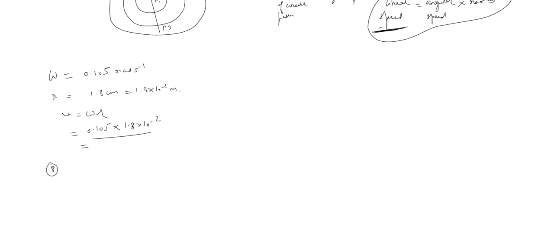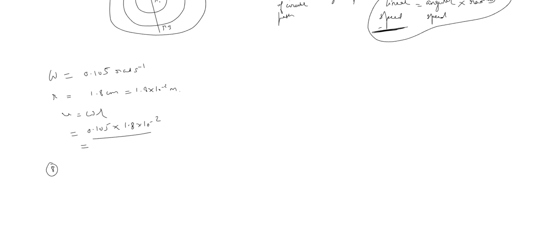Solve B problem. So B part is 5.24 meters per second. Correct. This is how we can solve this question.